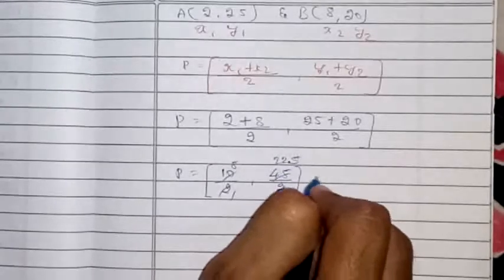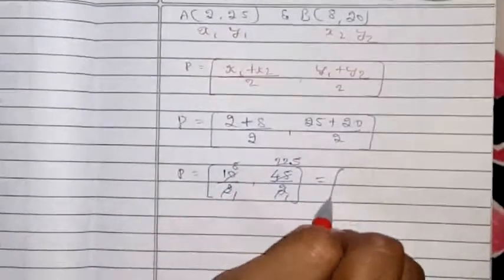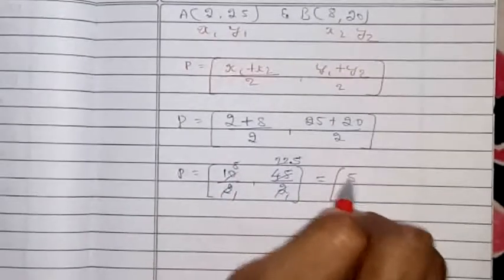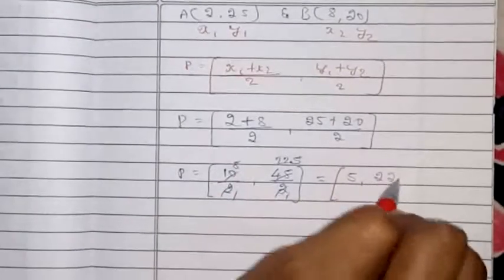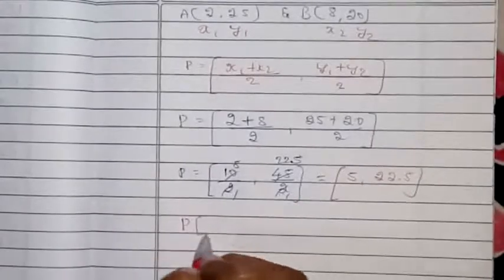So therefore the answer is 5 comma 22.5. Right, children? Again I'll write here P of 5, 22.5.